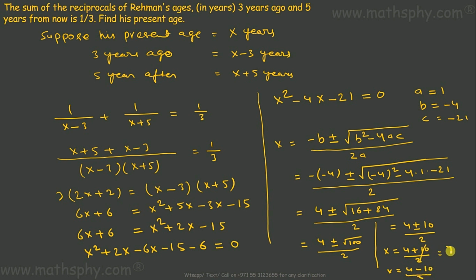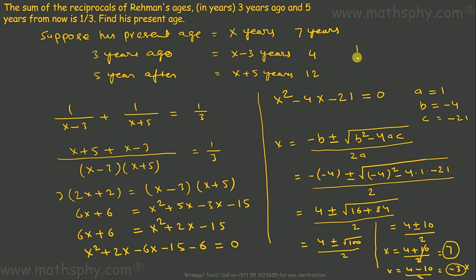This would be 7. This would be minus 3. Since we are talking about age, it cannot be negative. So x would be 7 here, meaning his present age would be 7 years. If you try to cross check, 7 minus 3 is 4, 7 plus 5 is 12.